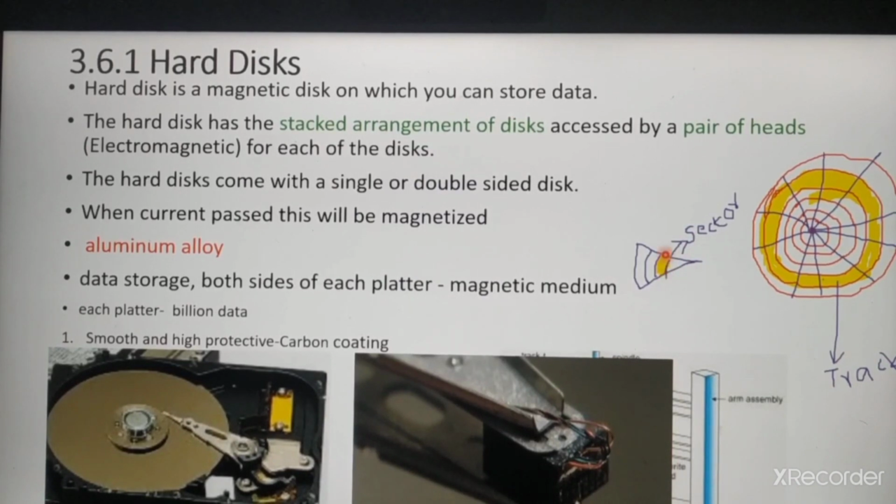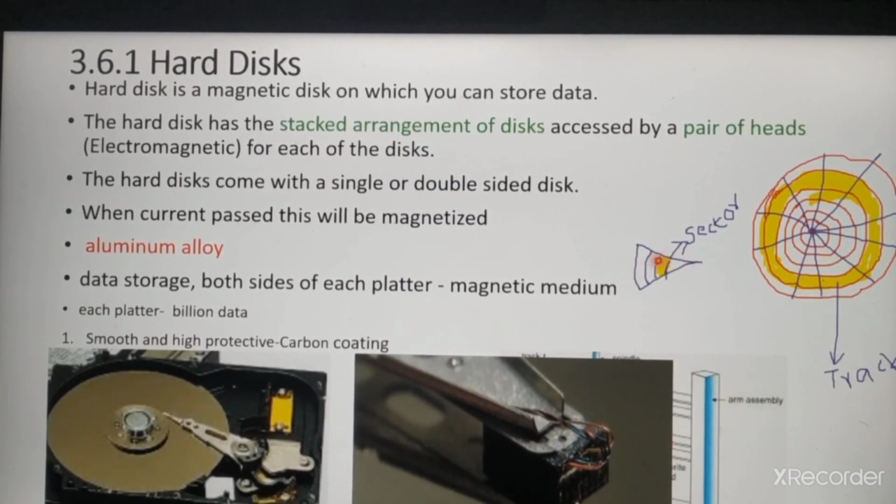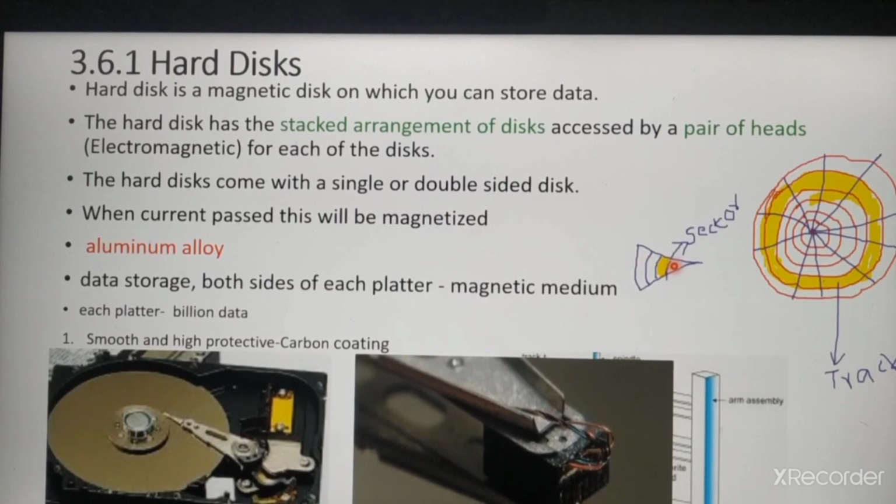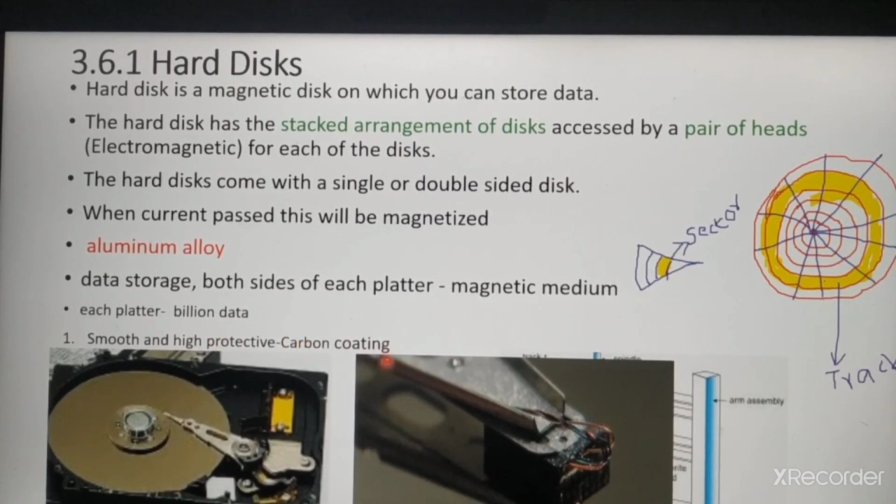The small part is called a track sector. This whole part is called a disk sector. So if there is any dust particle in the sector, the data will be corrupted in that sector. So to avoid this data corruption and to provide smooth and high protection, it is coated with the carbon coating.